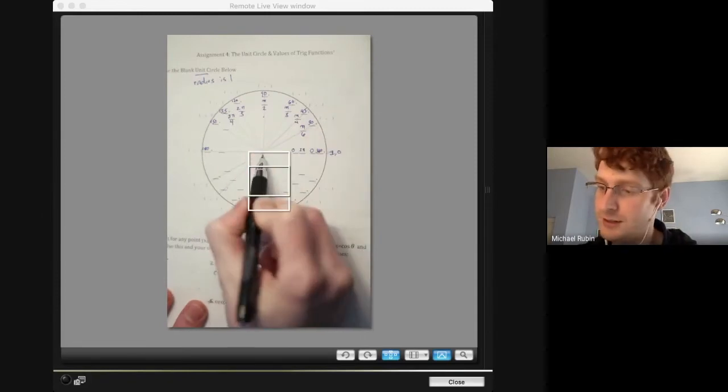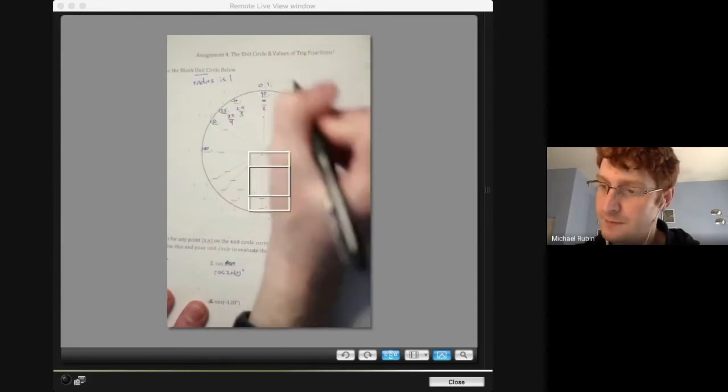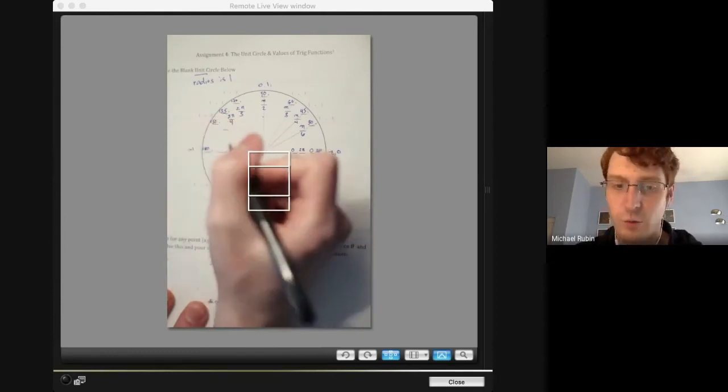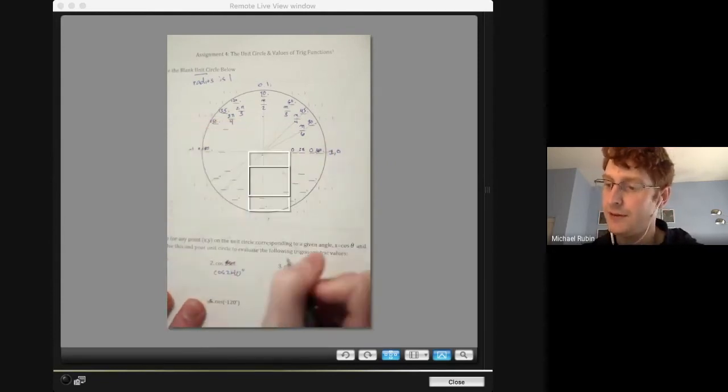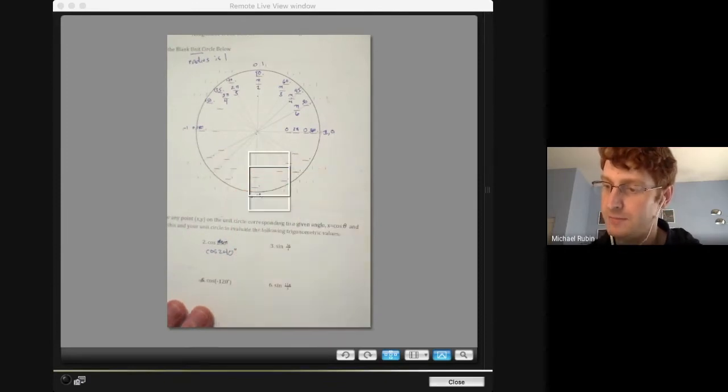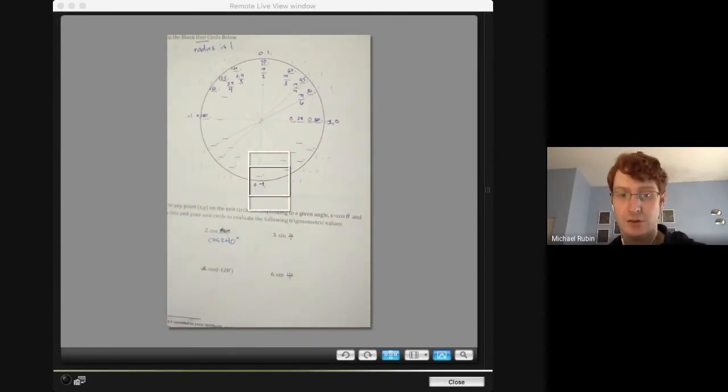Here, I'm starting at 0, but I'm going up 1. Here, my x-coordinate is back 1, but I'm not going up or down. And here, I'm not moving to the left or right, but I am going down 1. So those are called the quadrantal angles, and we can find the corresponding coordinate values on there.